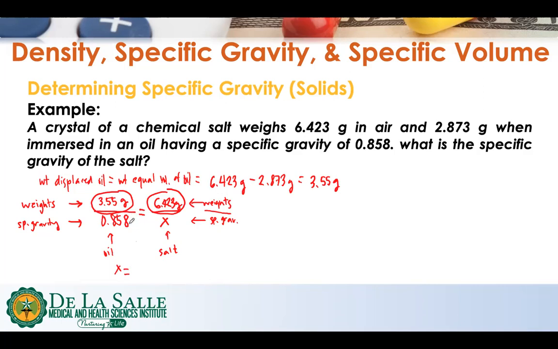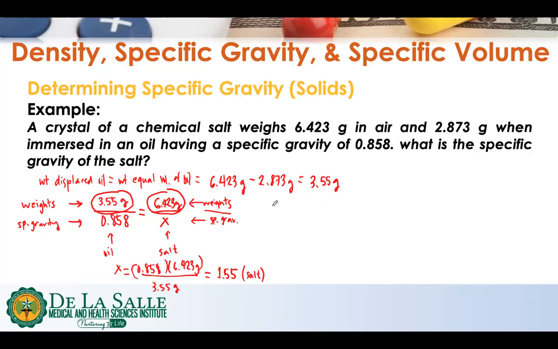So the x is equal to 0.858 times 6.423 grams divided by 3.55 grams. And we get an answer that is equal to 1.55. That is now the specific gravity of the salt.